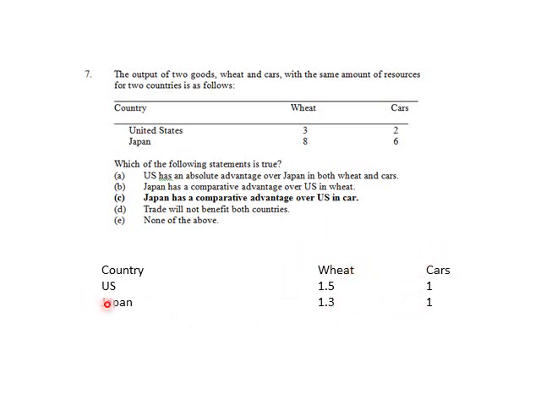So it's obvious that Japan gives up less wheat. They only give up 1.3 units of wheat versus US, who has to give up 1.5 units of wheat. So the answer is option 3. Japan has a comparative advantage over US in the production of cars because they can produce with lesser opportunity costs.